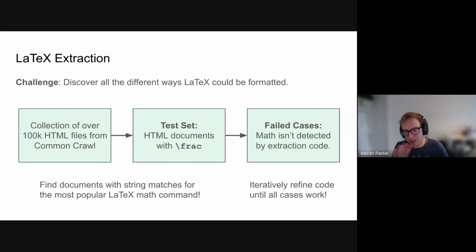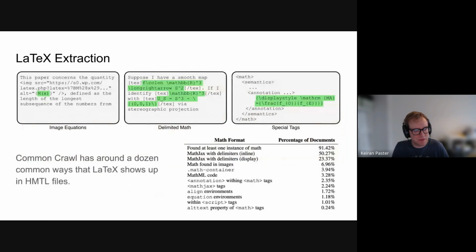You can imagine all sorts of fields, all sorts of different types of documents would have at least some sort of fraction in it. And basically, every time this appears, it is math somehow. Then we iteratively refined the code until every time frac appears, our code is able to extract that into LaTeX code. This revealed to us many, many different formats that LaTeX can appear in Common Crawl.